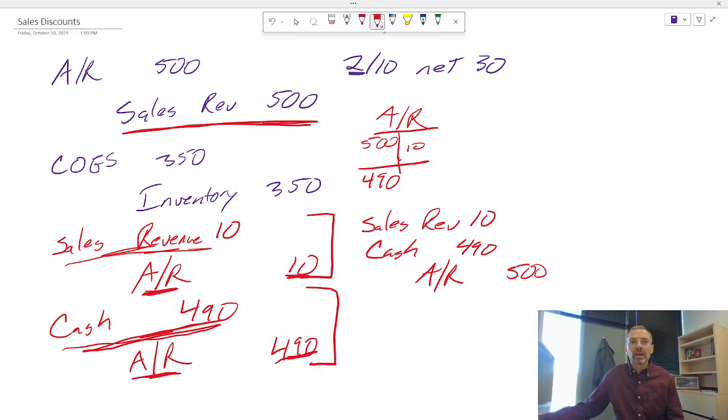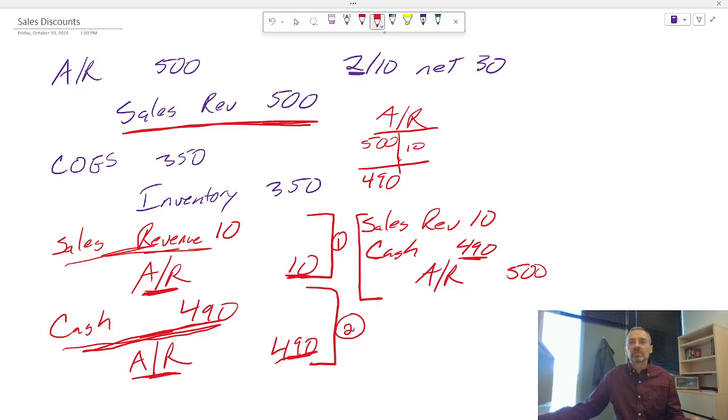Again, I like learning it in a two-step process because for a lot of people that makes more intuitive sense. But your homework is going to want the one journal entry. And like the purchases, there's another way of looking at this. The first way of looking at it is cash. How much cash did we get from the customer? We got 490.